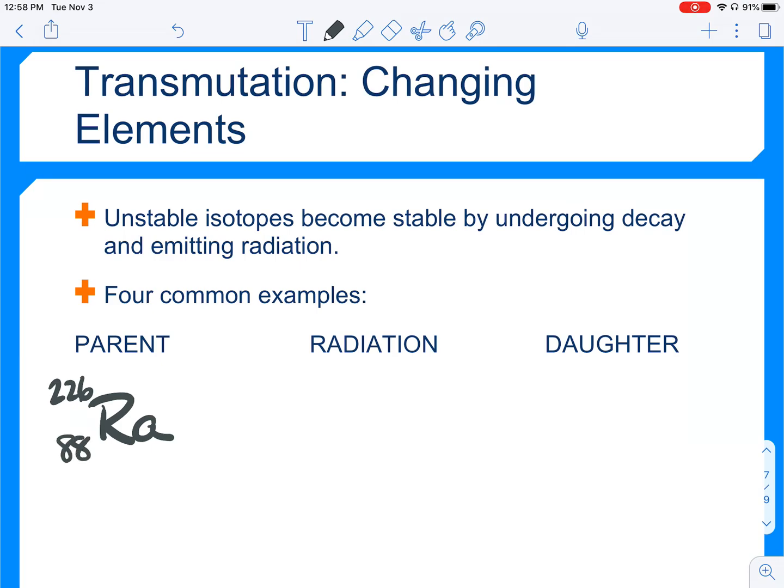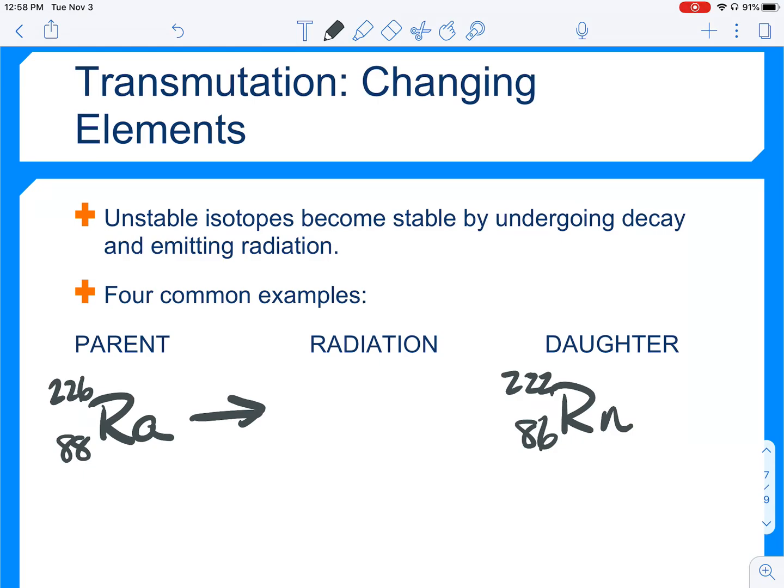So atomic number 88, 226 is the mass number. And when radium decays, it's going to end up producing as the daughter element, the one that's produced, radon-222, which has an atomic number of 86.